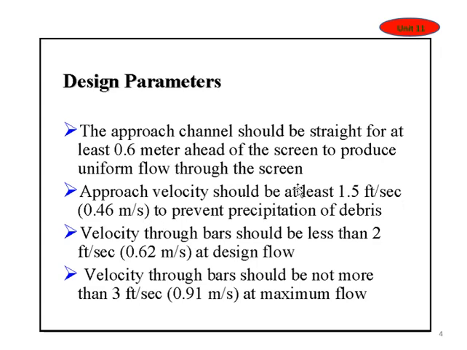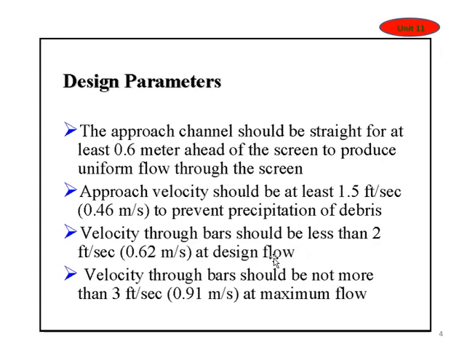Yani, the velocity should not be less than this, otherwise the solids will settle in front of the bar rakes, right? So the velocity of the water before the bar rake should be more than that. And the velocity through the bars should be less than 2 feet per second, or 0.62 meter per second, right?